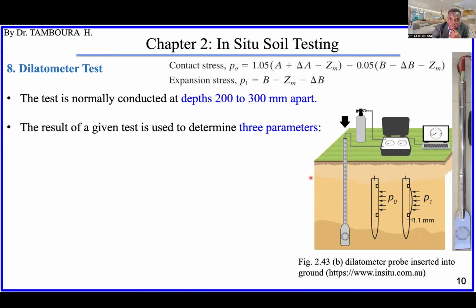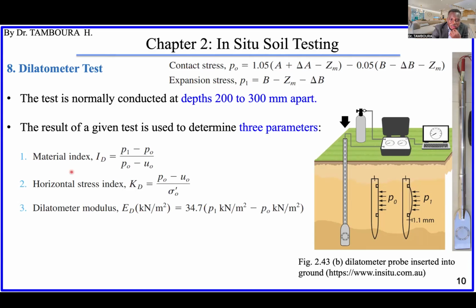Okay, so from this, we can obtain 3 parameters. As you can see, these parameters use the P0 and the P1. The first parameter is material index.